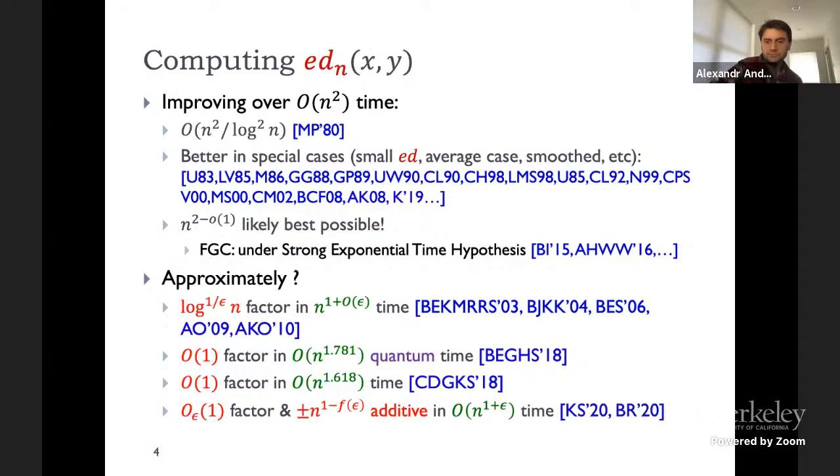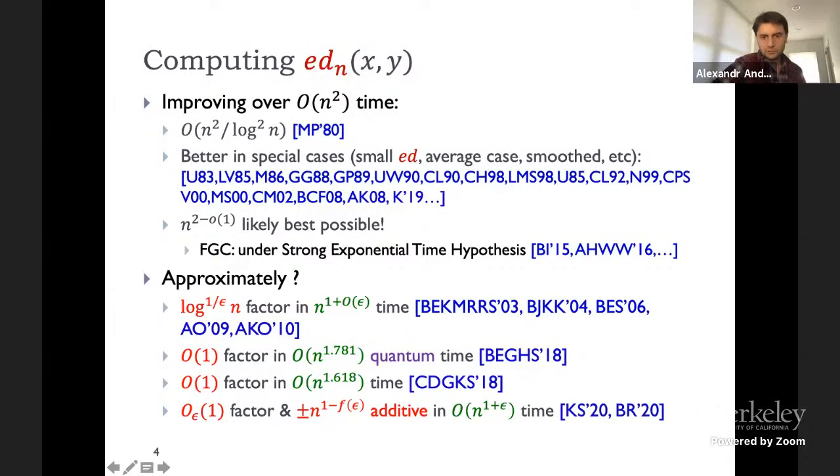Okay, so for every fixed target epsilon, if you want to obtain time which is n to the 1 plus epsilon, the approximation factor is also some fixed function of epsilon, but the additive approximation is n to something which is close to 1, and how close to 1 depends on epsilon.